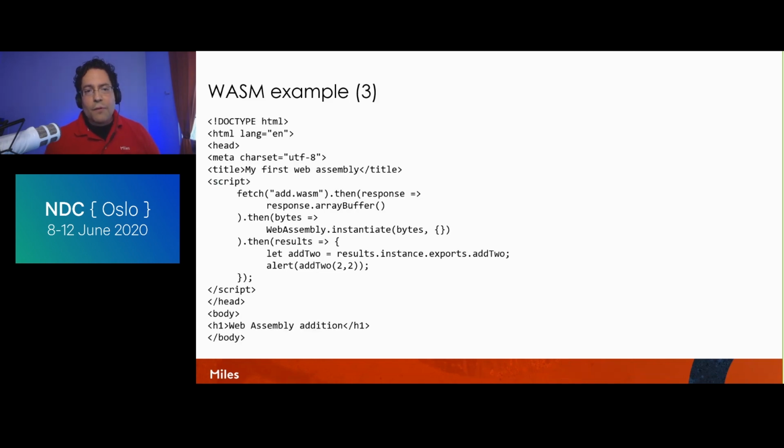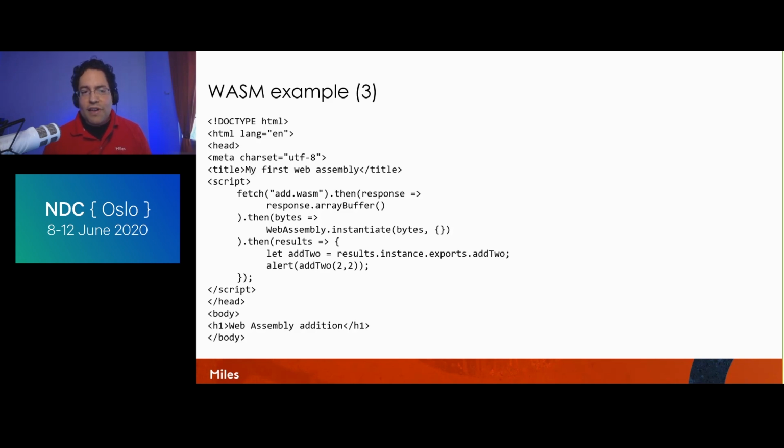But how do we use the WebAssembly that we have built? The first thing is that we need to fetch the WASM file, and then we can read it into an array buffer. After that, since WebAssembly is a standard, it's supported in all major browsers, we can call WebAssembly.instantiate with the bytes array that we just read in.